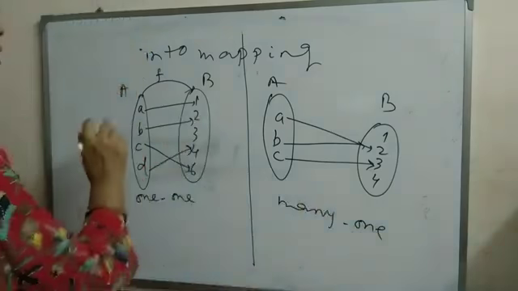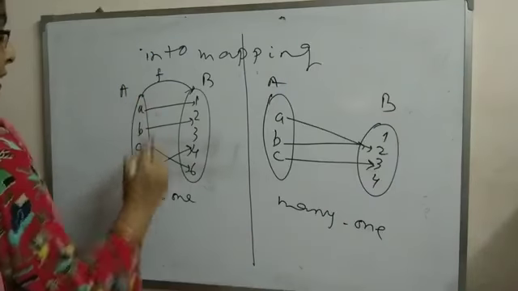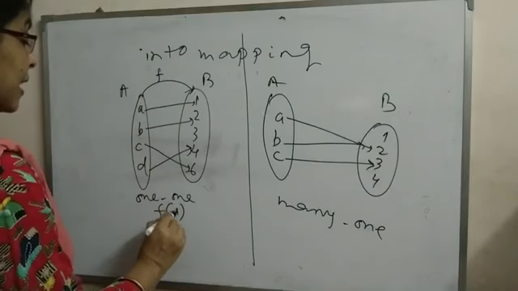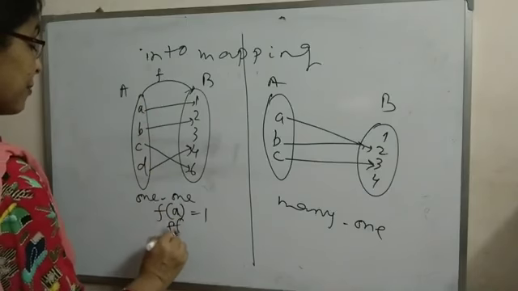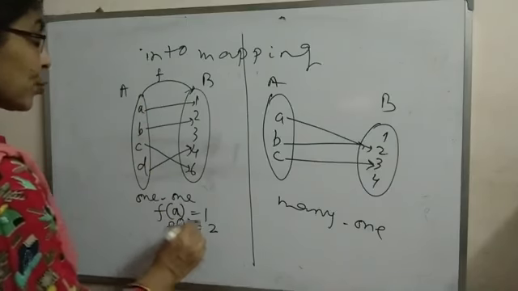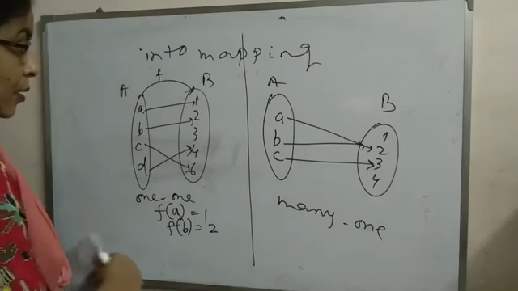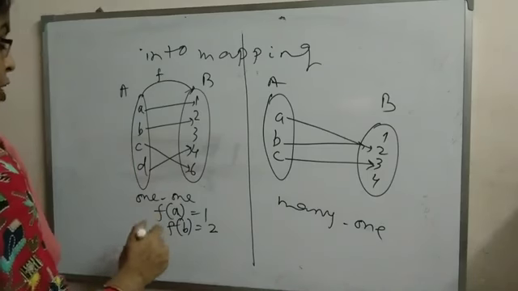Why? Here if a equal to 1, b equal to 2, we get it from the definition of mapping.